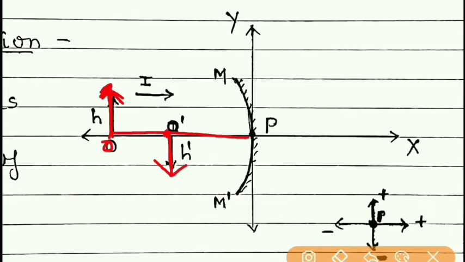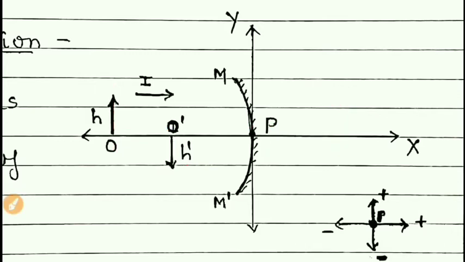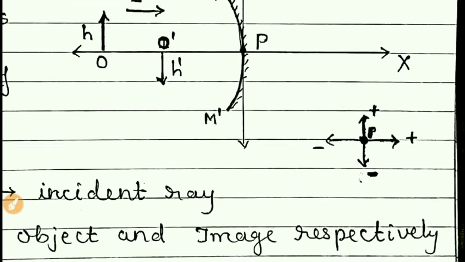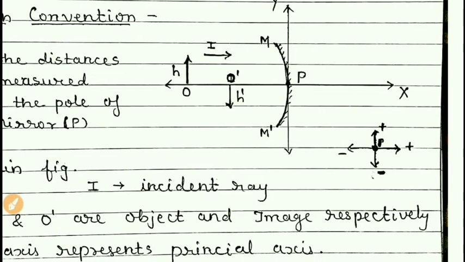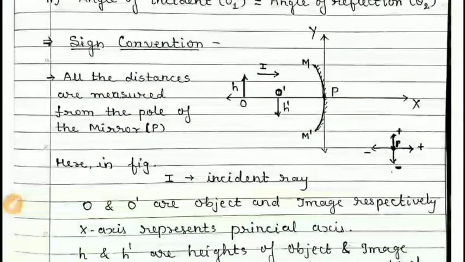And suppose the image is formed here, then the distance of the image from the pole will be positive in this direction. So a simple sign convention is used. I have shown this sign convention in short here, and that's why it is called the Cartesian sign convention, because it is similar to the Cartesian coordinate system.